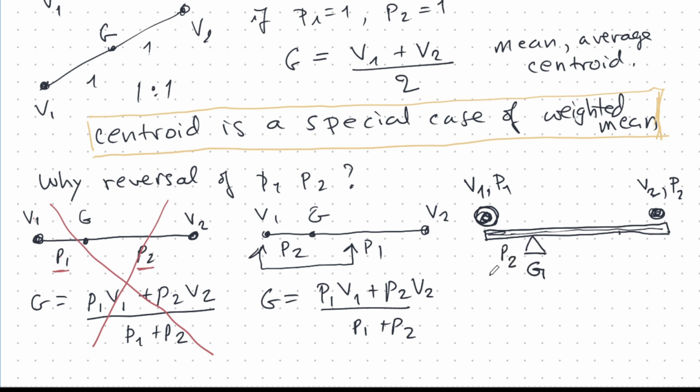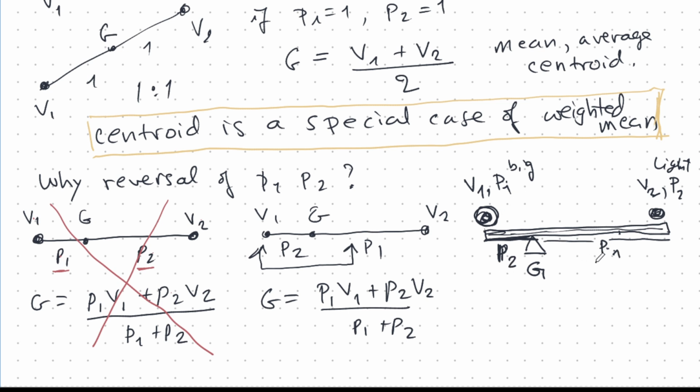This is a small length here, small, and this length is P1. This is long, so this is big. P1 is big, heavy, and P2 is light, it's small, so P2 ends up being proportional to this length here, and this length here, P1, is proportional to the weight here. Now, the actual numbers don't matter.